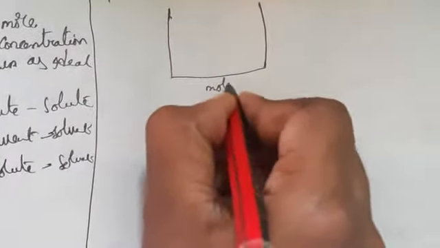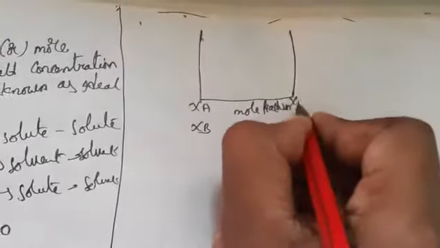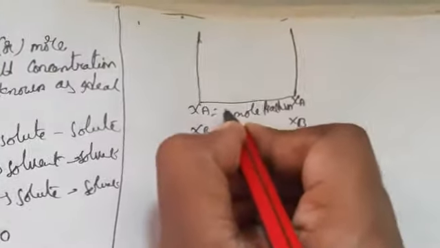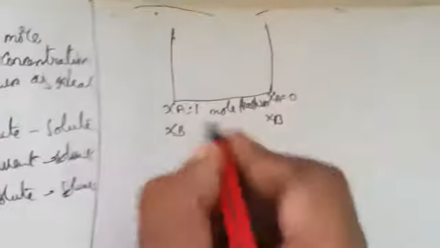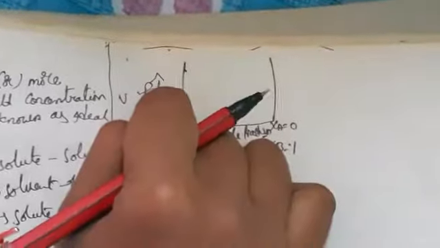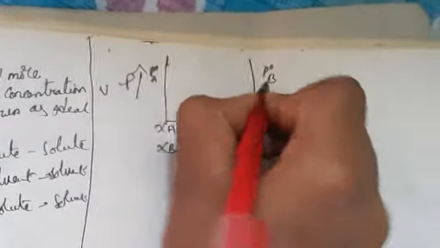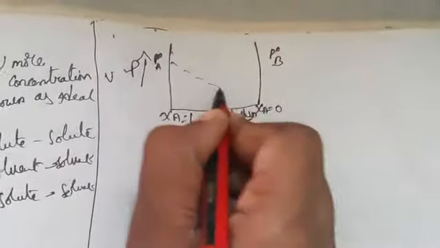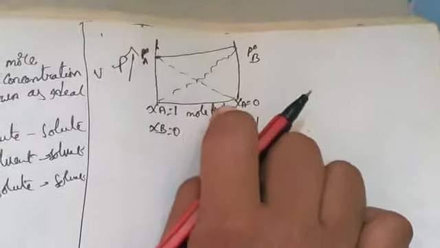On the x-axis I am taking mole fraction, XA and XB. If one is 100%, the other will be 0. On the y-axis I am taking vapor pressure, the vapor pressure of pure components, P naught A and P naught B. Here P naught B is increasing and P naught A is decreasing.